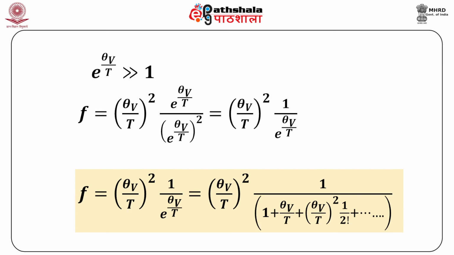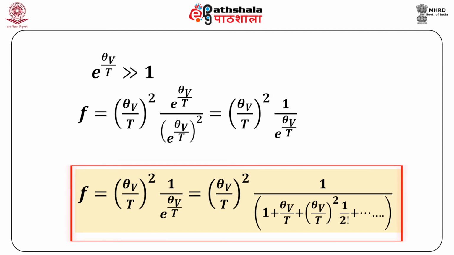If we expand the denominator in this equation, as we are doing in equation 17, F becomes equal to theta v by T whole square into 1 upon 1 plus theta v by T plus theta v by T whole square into 1 upon 2 factorial plus so on.